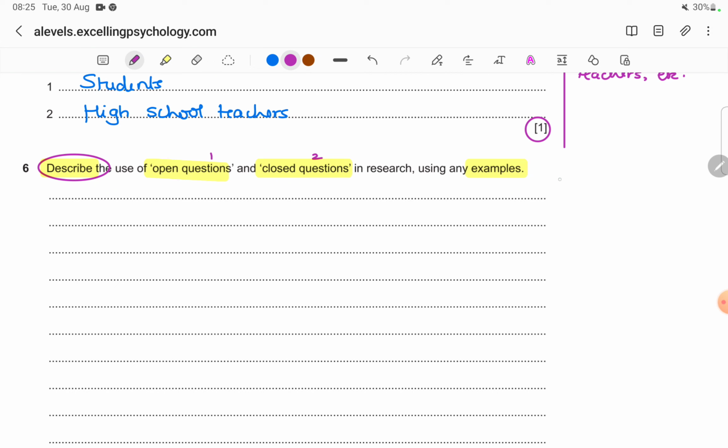When they've just asked us to describe and not distinguish, we can take a very simple approach. What we can do is serially answer the question. We'll pick up the open question first. Our format will be open question, we'll give its definition, and we'll give an example.